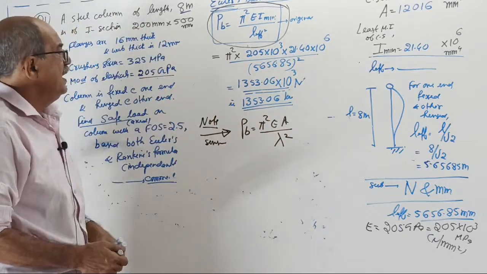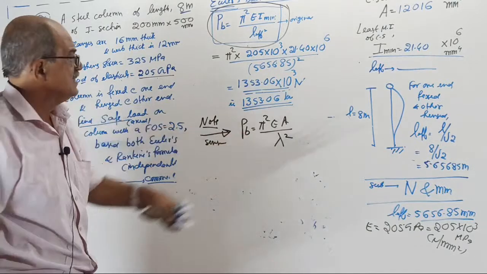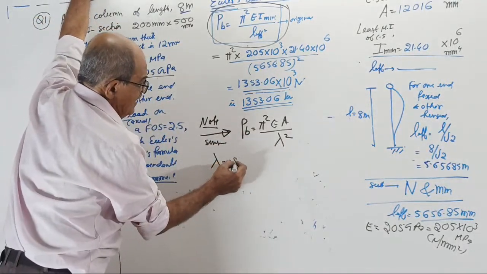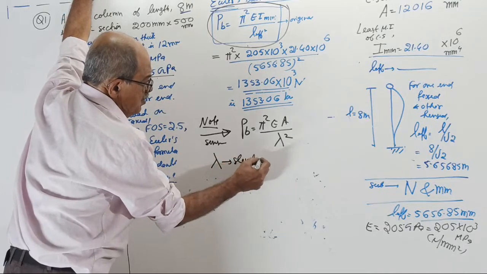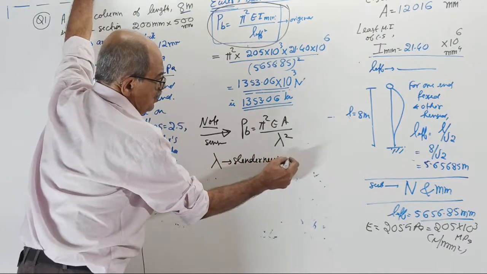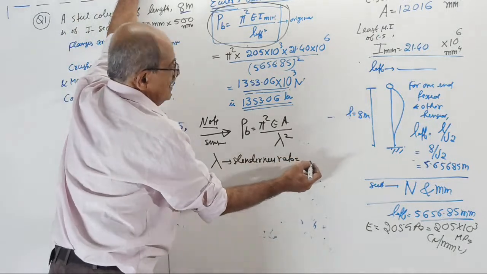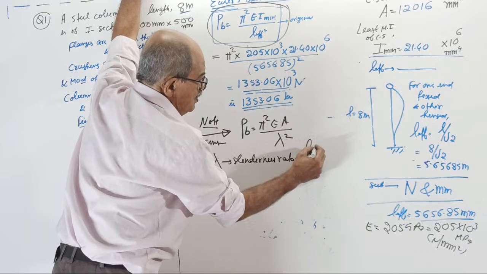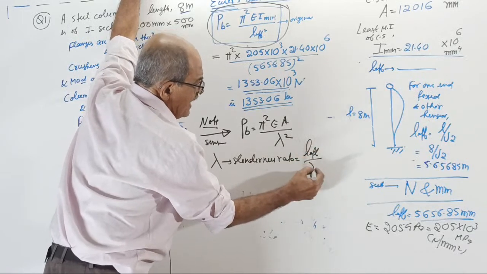Therefore, now you require lambda. Lambda is the slenderness ratio, equal to L effective by r minimum.